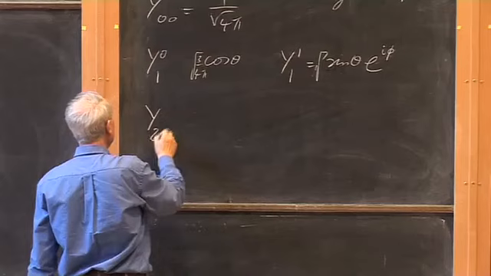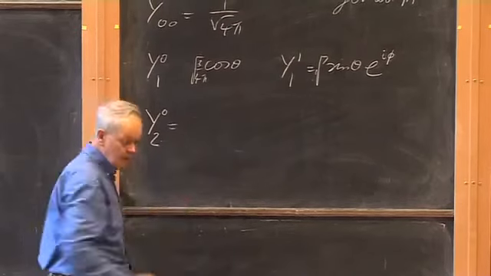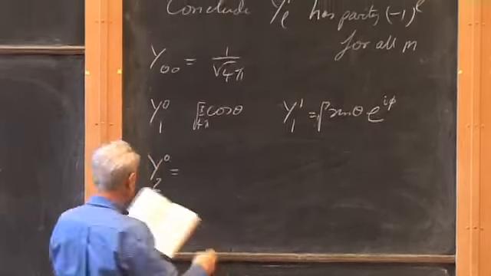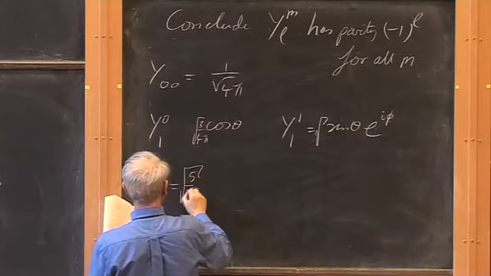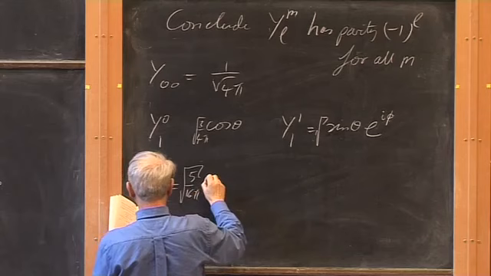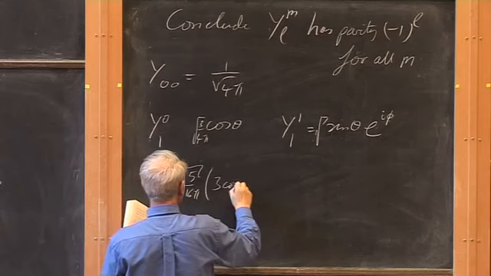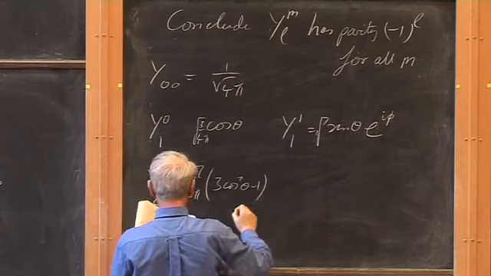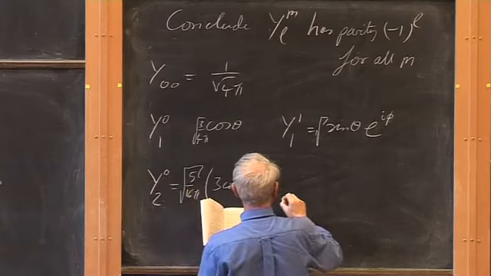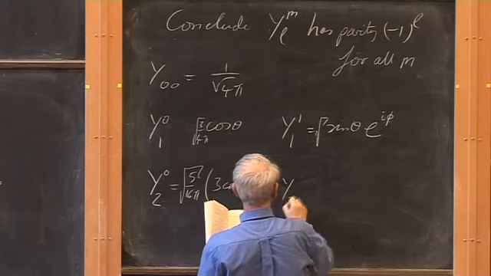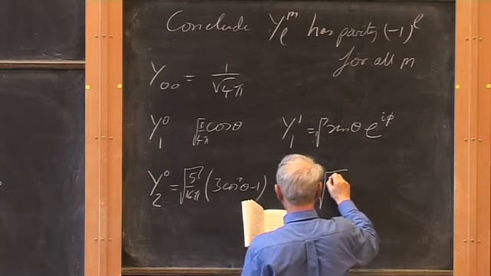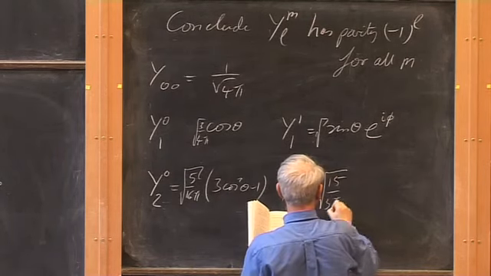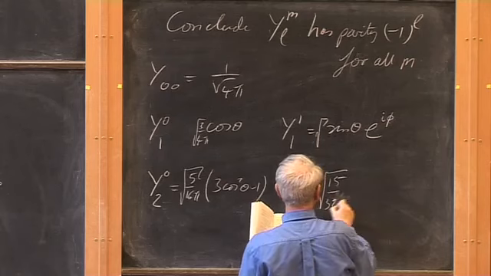So Y20 is equal to a normalizing factor that happens to be 5 over 16 pi, that's not so interesting, times 3 cos squared theta minus 1. And Y21 is minus the square root of 15 over 32 pi, which is not so interesting.